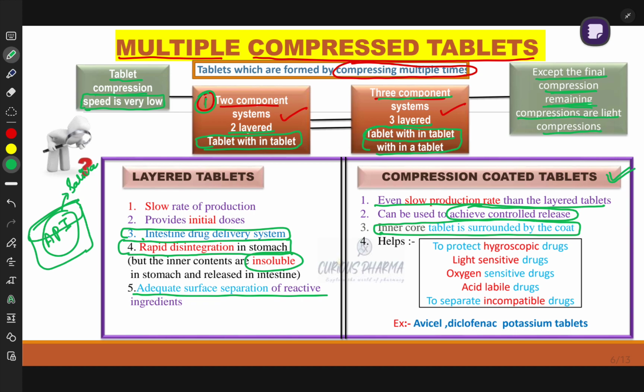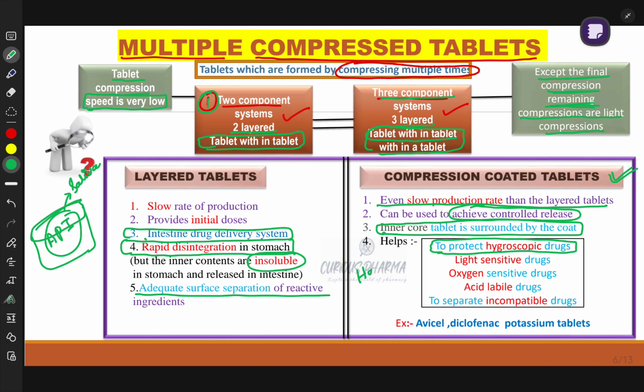Why should we prepare this type of dosage form? The first point is to protect drugs which are hygroscopic. Hygroscopic means a drug or any substance which has the property to absorb the moisture present in the atmosphere. Since I have said that H2O will make the drug more unstable and react with other contents in the environment, this hygroscopic nature is undesirable and should be avoided.